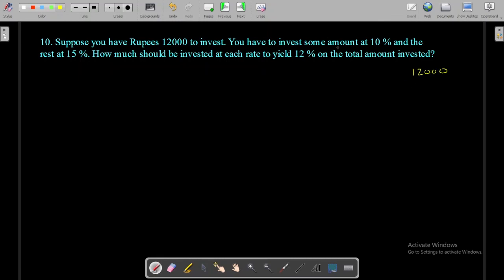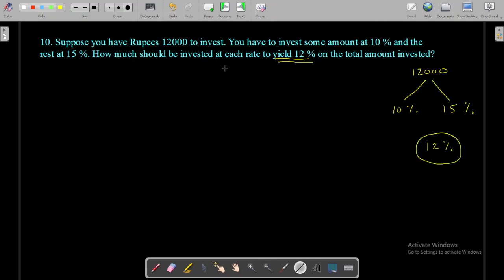You have to invest some amount at 10% and the other amount at 15%. How much should be invested at each rate to yield 12%?